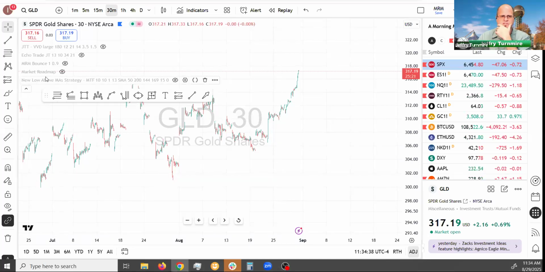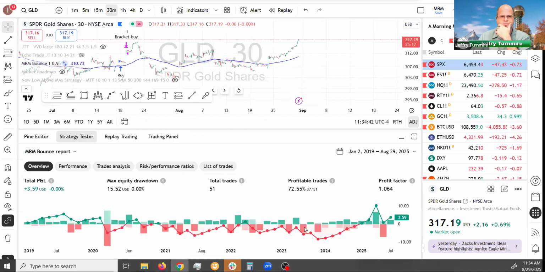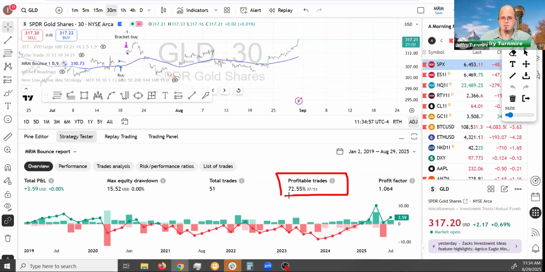So, just a demonstration of what I'm talking about. We started talking about this on Wednesday: what's high probability? To me, if anything's near 50%, that's not really high probability. You need something that's over 66.67%.